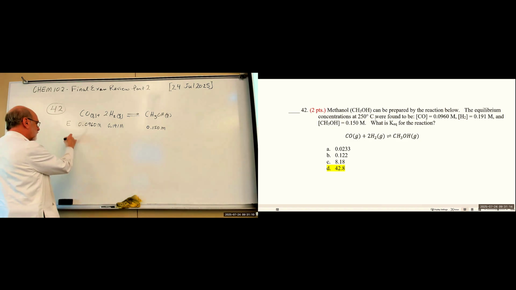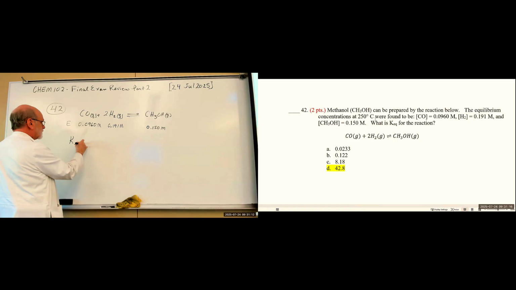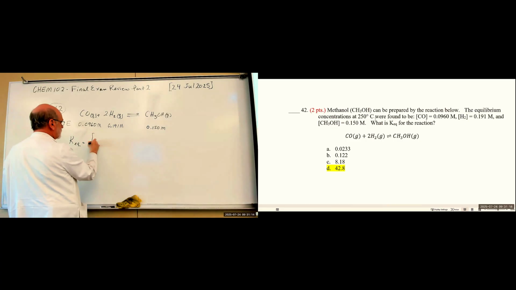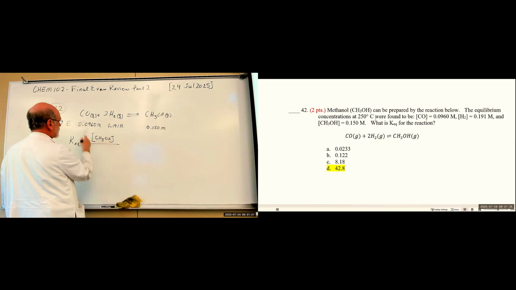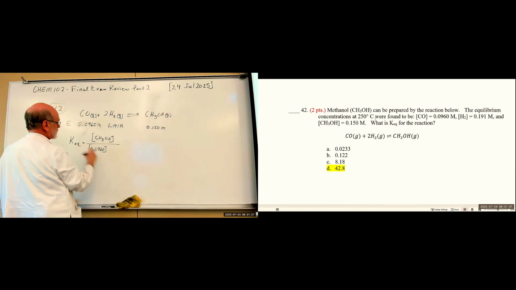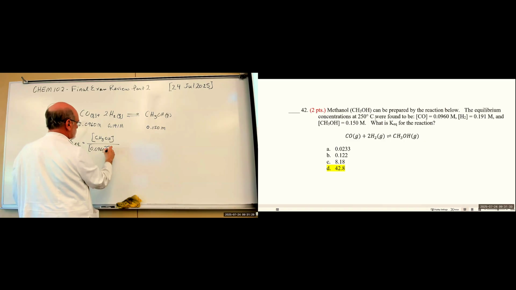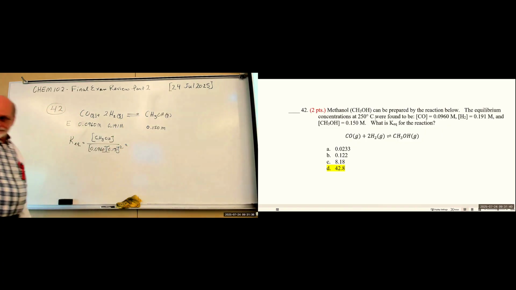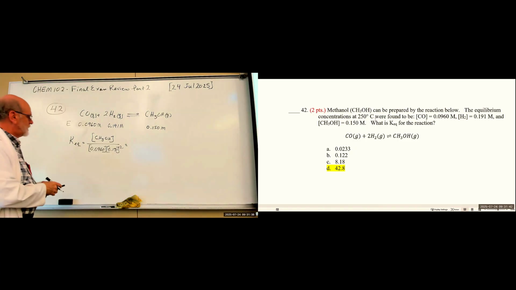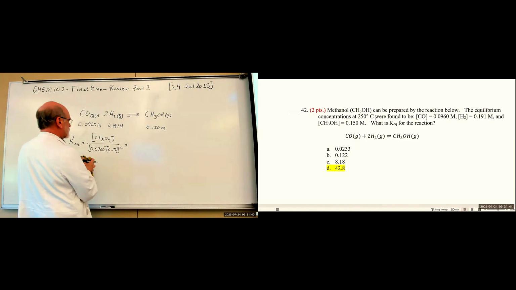It's a very simple calculation. Right? We want the methanol on top to the first power. We want the carbon monoxide in the denominator to the first power. And we want hydrogen to the second power. Well, I should put the numbers in there, shouldn't I?